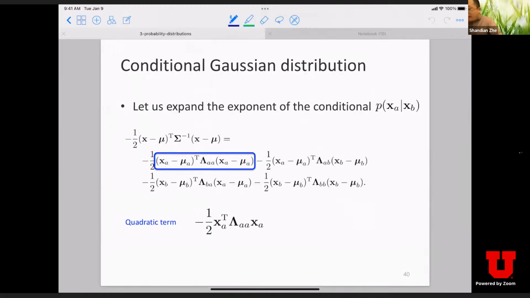If you look at all those terms, first we get a quadratic term regarding XA, which is XA transpose lambda AA XA. It can be found in here. We can directly observe that, and in all the other terms there won't be any quadratic term related to XA.